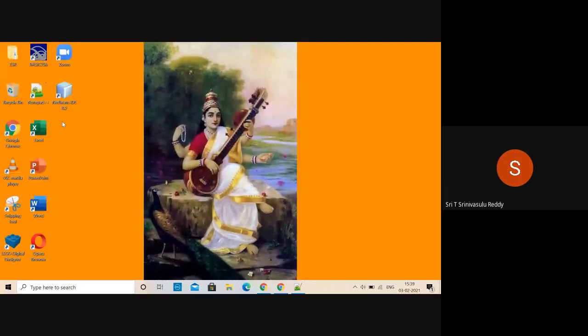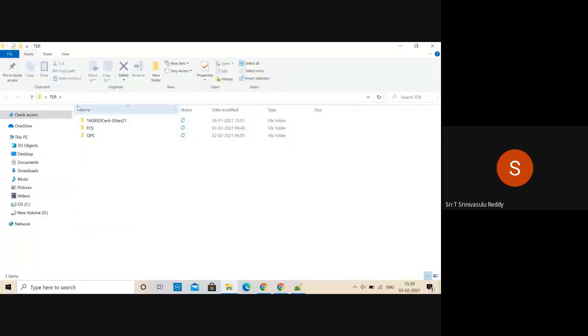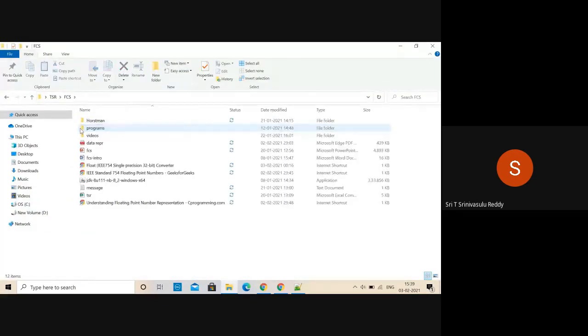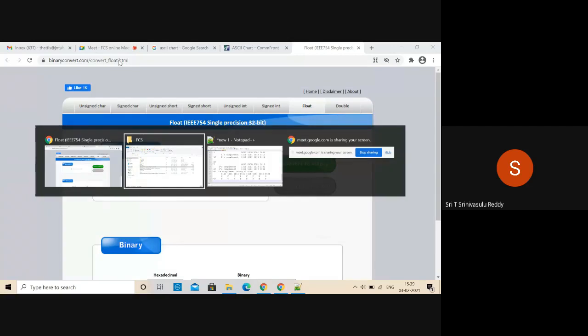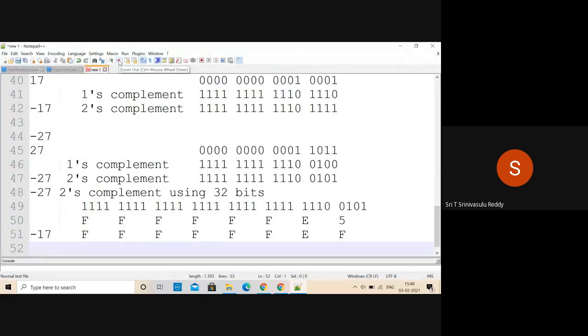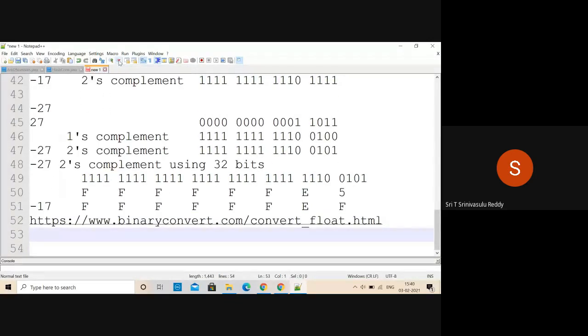Let me show you so that you can verify and practice while learning. You can make a note of this for practice later on, or let me share it with you. The actual thing is this one.